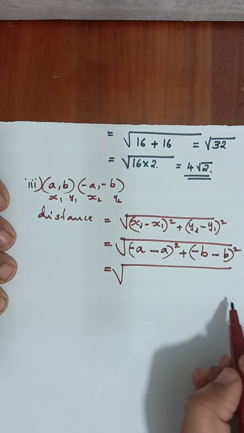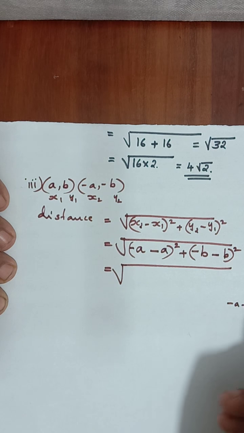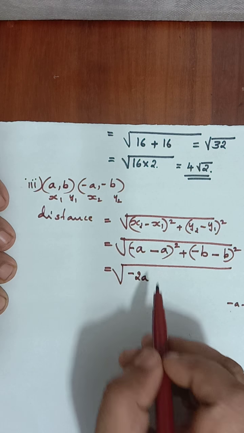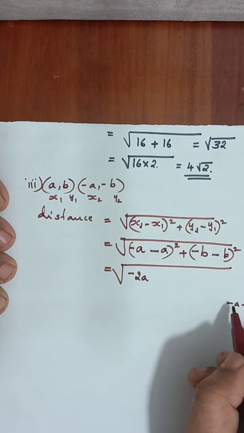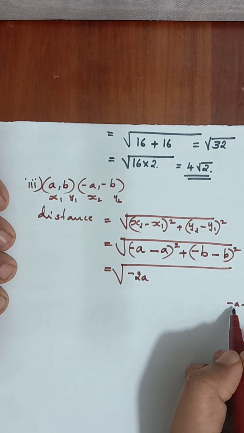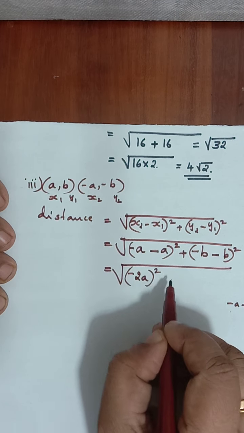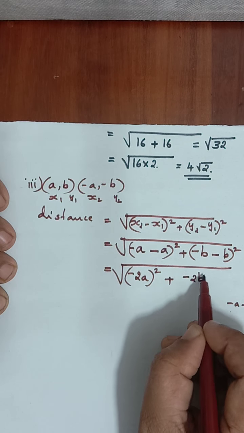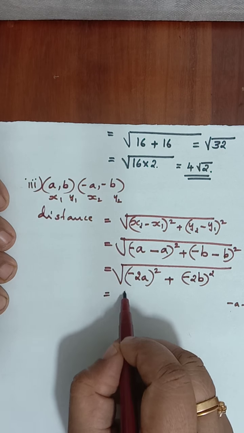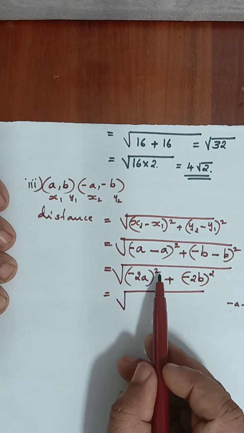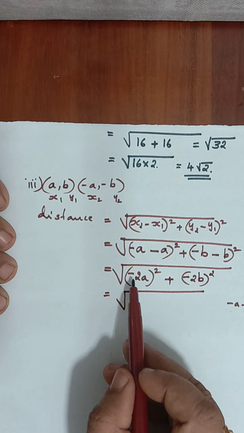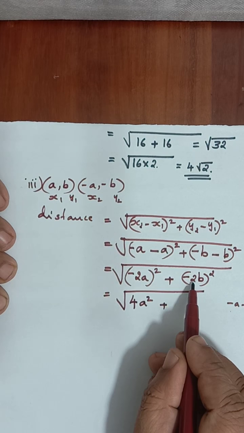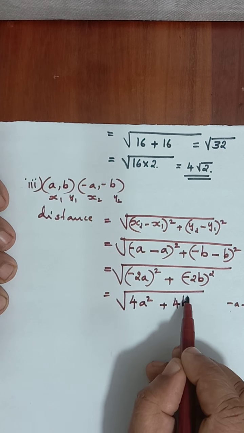Negative a plus negative a is negative 2a. Both are like terms. Add them and give the same sign. Its square comes, plus negative b plus negative b, negative 2b. Its whole square becomes... Here we have to take square of both the numbers. Negative 2 square, negative 2 into negative 2 is positive 4a square, plus negative 2 into negative 2 positive 4b square.